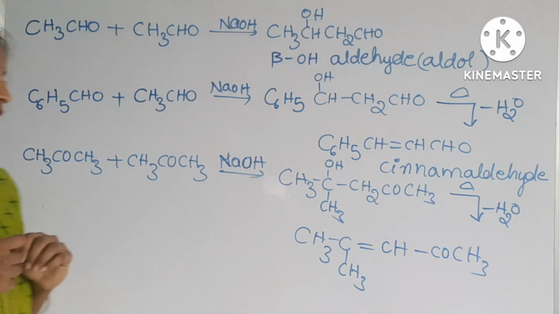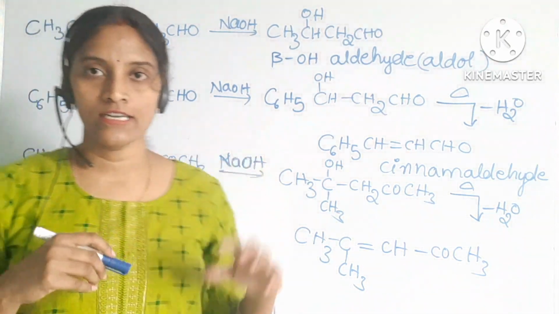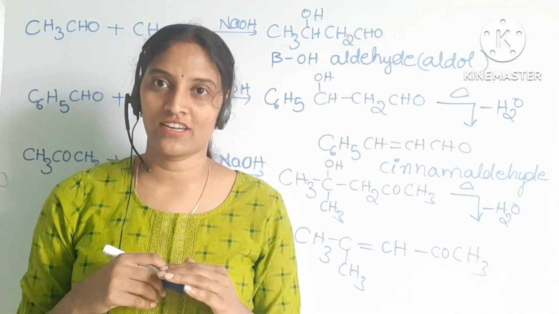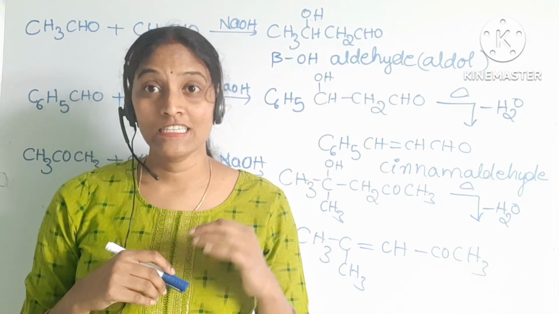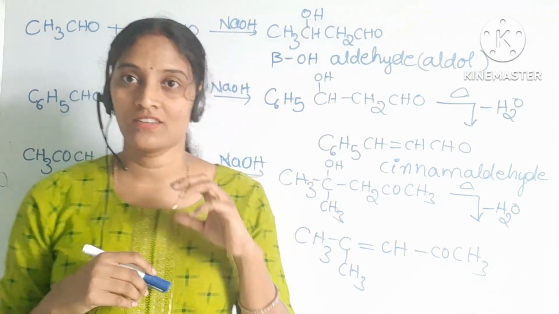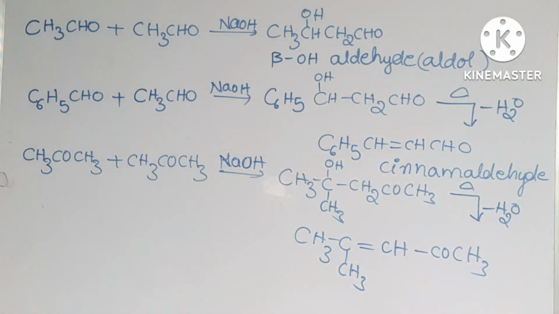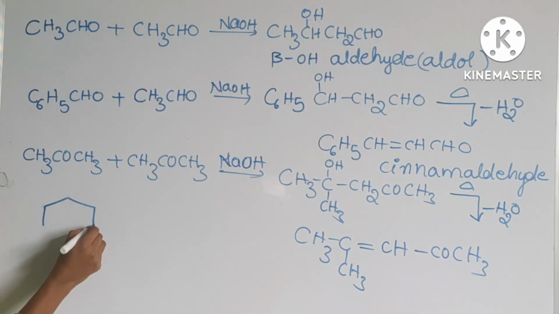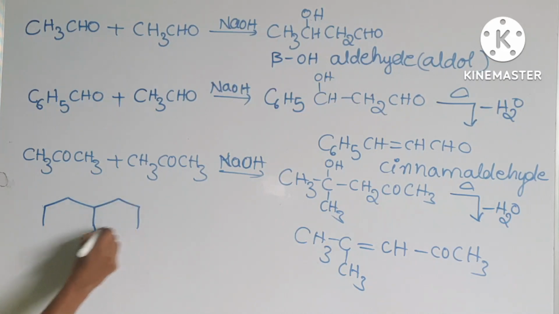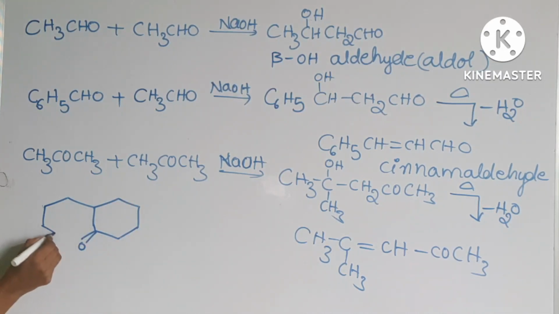And one more thing I want to tell you. These reactions are the intermolecular reactions. Is there any intramolecular condensation? Yes, that is also there. See here, this molecule is going to be in self condensation, in intramolecular self condensation.